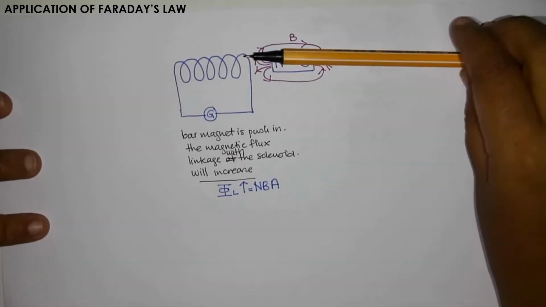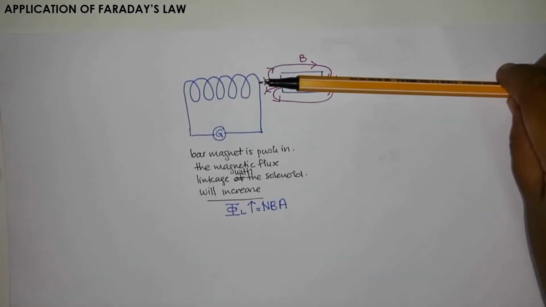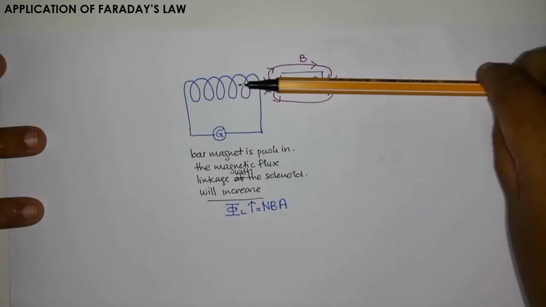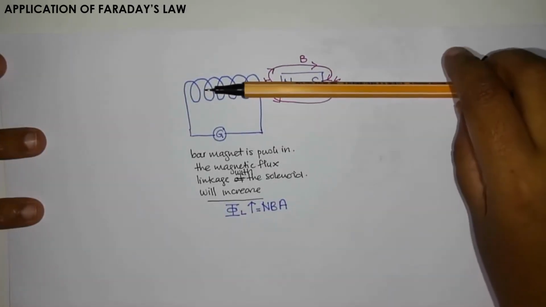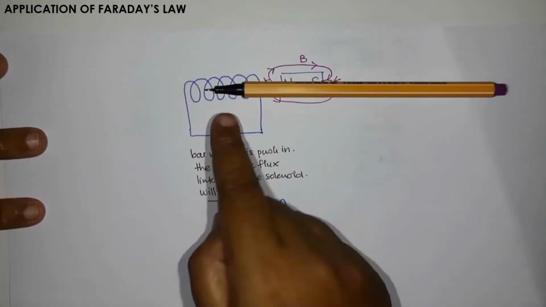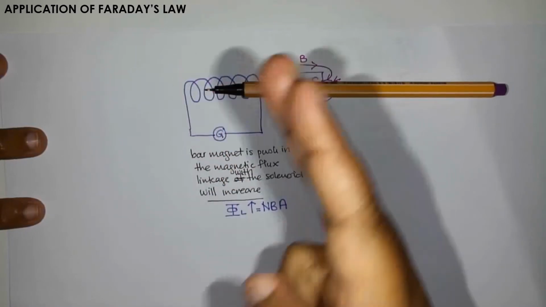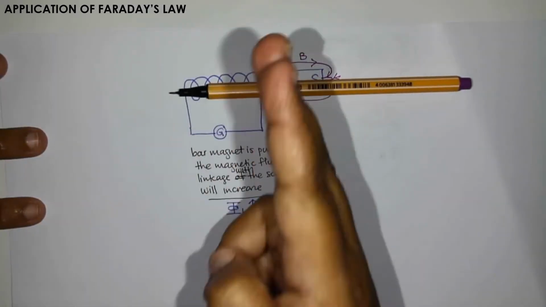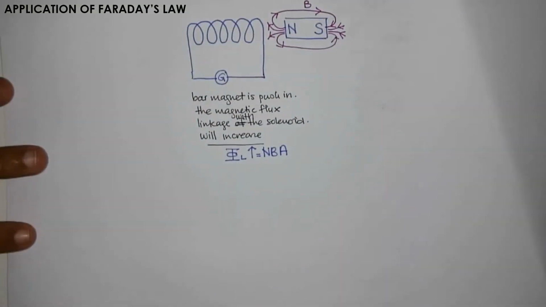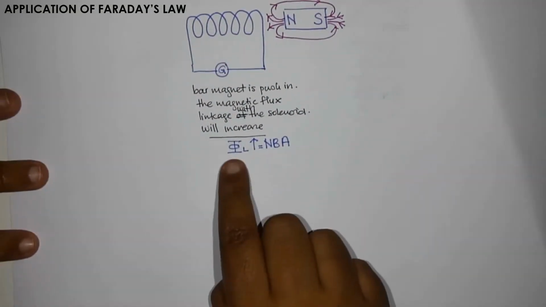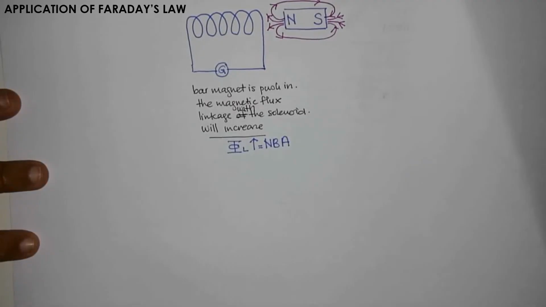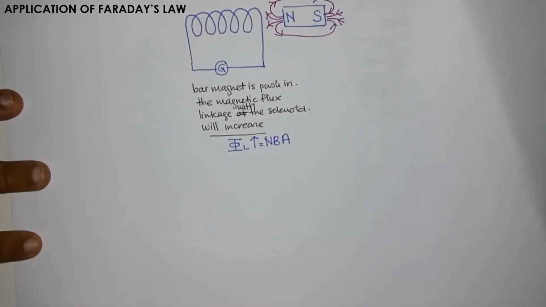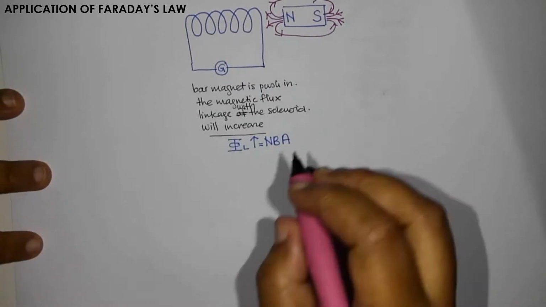When you push the bar magnet into the solenoid, the number of turns that cut through the magnetic field will increase. So that will increase the magnetic flux linkage. And when the magnetic flux linkage increases, EMF will be induced in the solenoid.